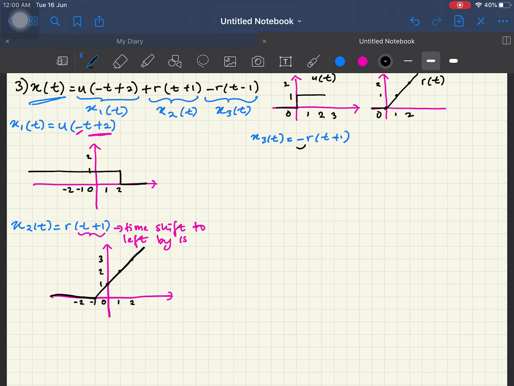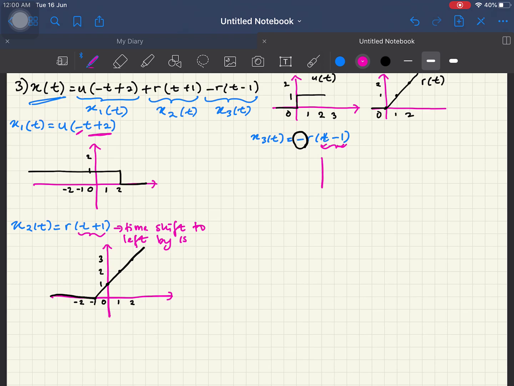The minus at the front simply means that the ramp signal is inverted with respect to the x-axis. Sorry, this is t minus 1, so you have a time shift to the right by 1 second.